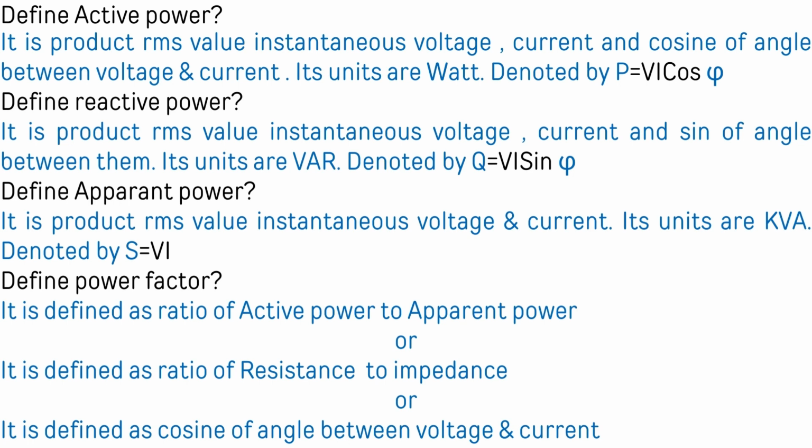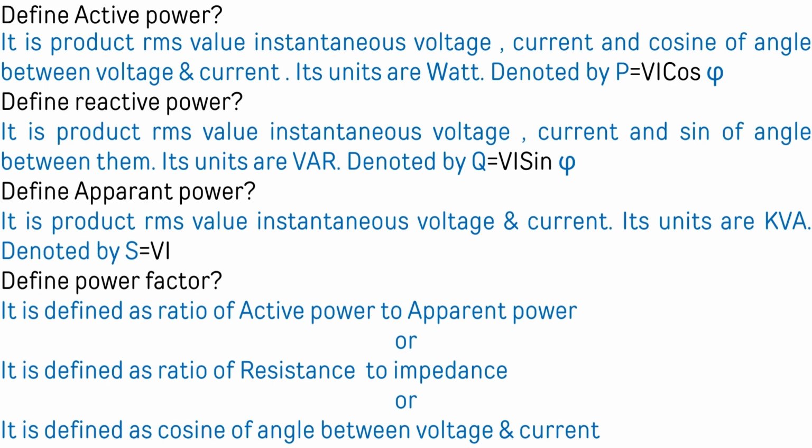Define reactive power. It is the product of the RMS values of voltage and current and the sine of the angle between them. Its unit is VAR, volt ampere reactive, denoted by Q equals VI sin phi. Define apparent power. It is the product of the RMS values of voltage and current.